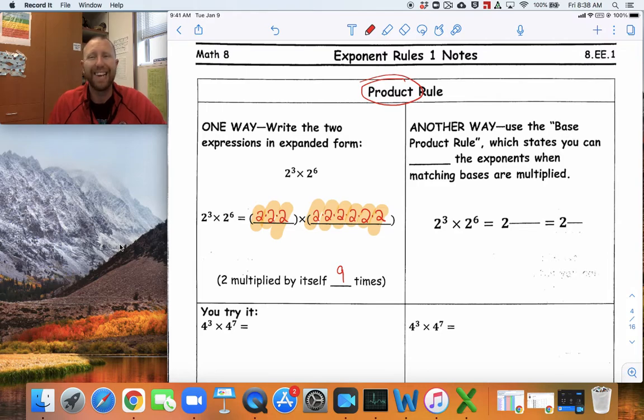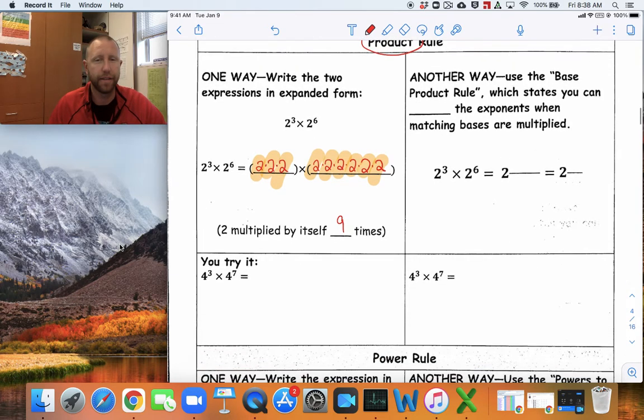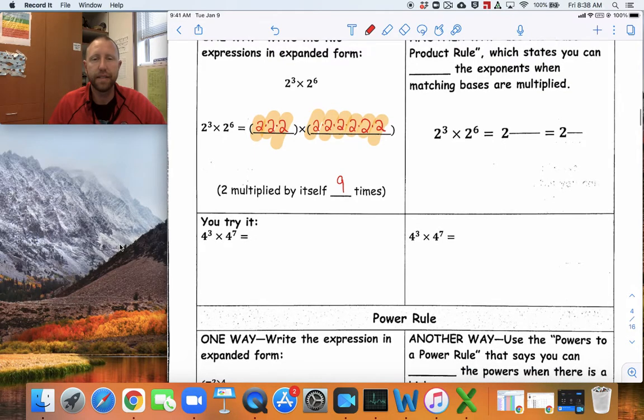Okay. Another way is to use the base product rule. Oh, sorry. Now you try it. We've got 4 cubed times 4 to the power of 7, or 4 to the 7th power. So you guessed it, I'm just going to do it with you.